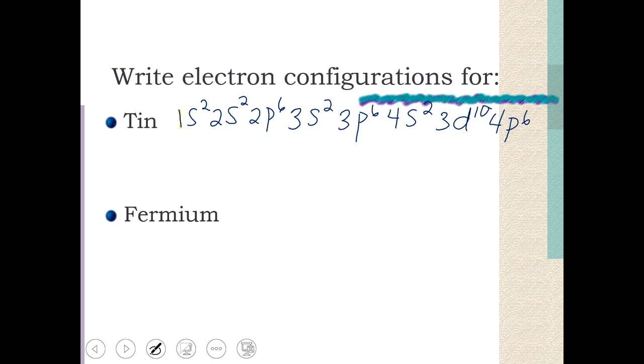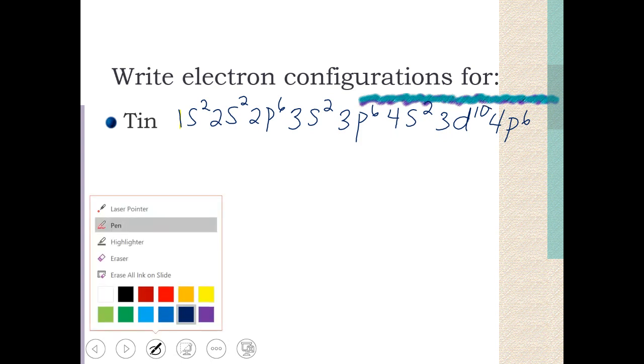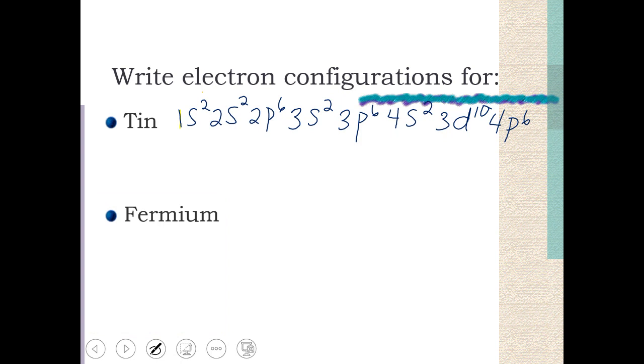Now I think it's wise at this point to stop and count. We've got 2 plus 2 is 4, plus 6 we're up to 10, 12, 18, 20, 36. So right here I'm up to 36.